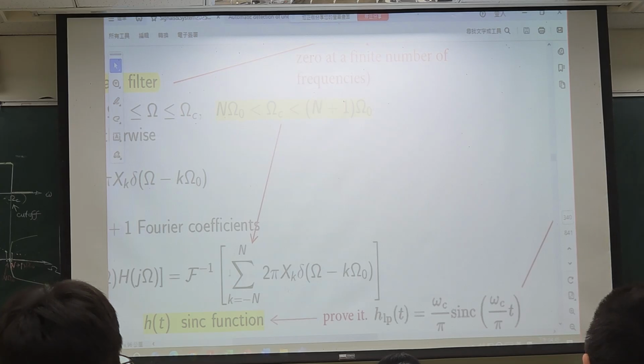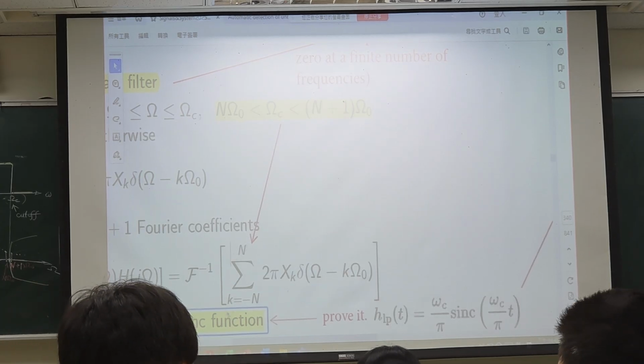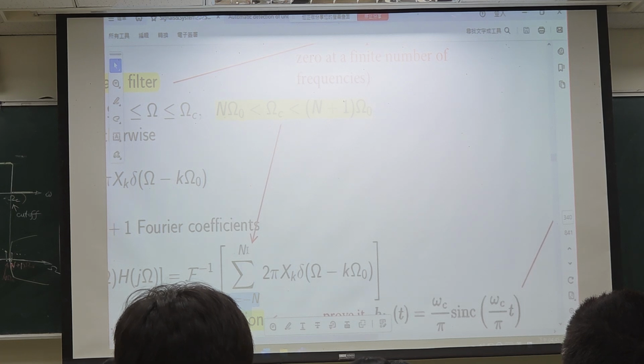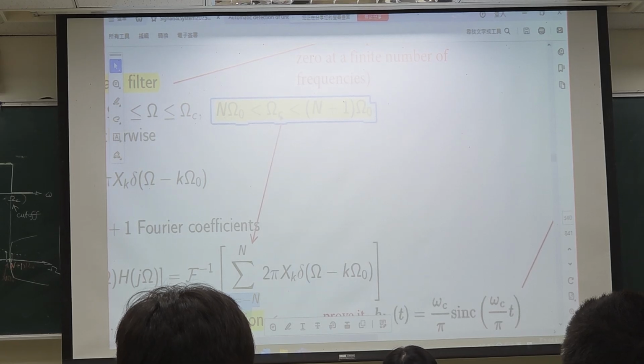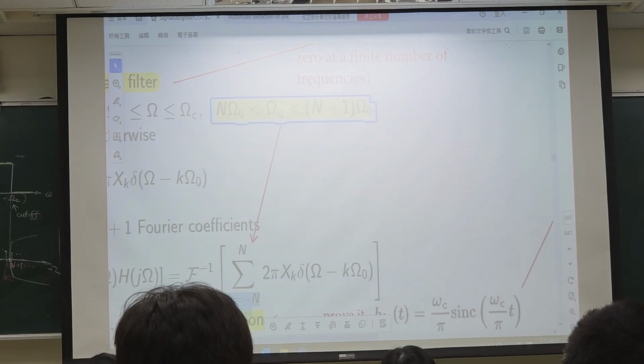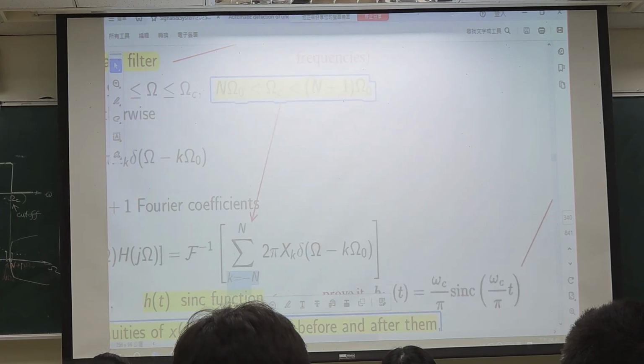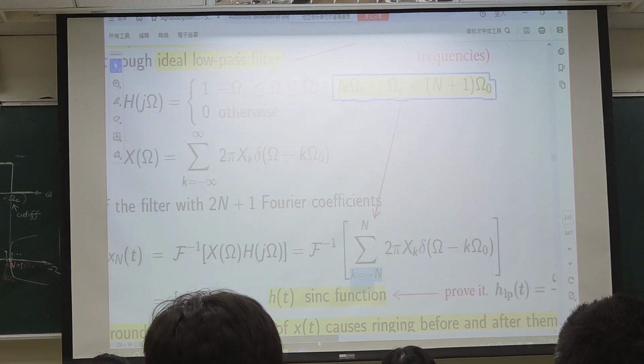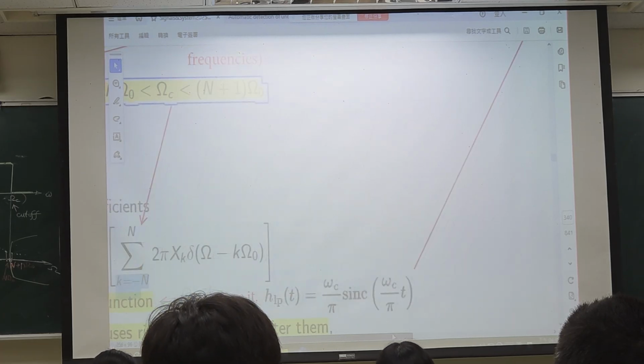But the important thing is you can see that now the terms in the summation are finite from negative N to positive N, because the frequencies higher than omega c are now gone due to the low pass filter. Okay? So that's the idea of the low pass filter.